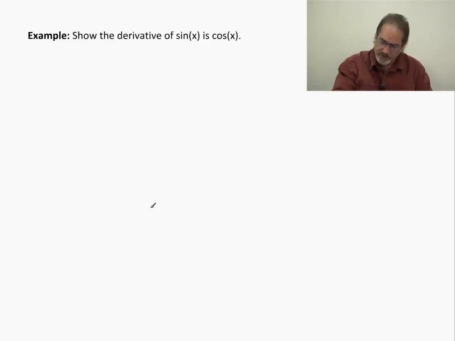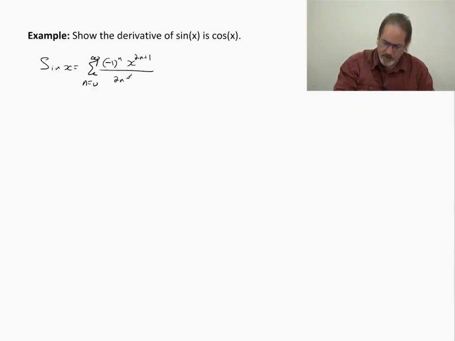All right, let's see what else we have. Let's show the derivative of sine x is actually equal to cosine of x. Well, once again, we know sine x equals the sum n equals 0 to infinity negative 1 to the n x to the 2n plus 1 over 2n plus 1 factorial.